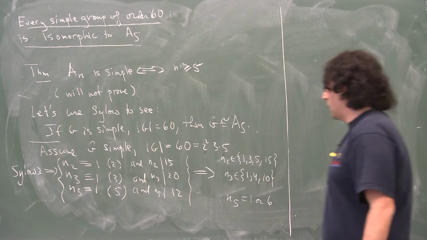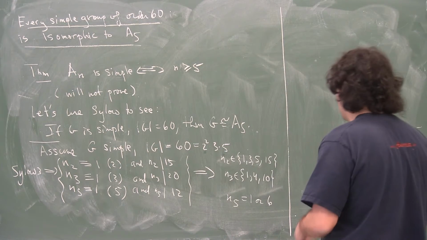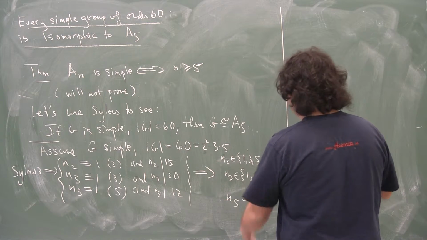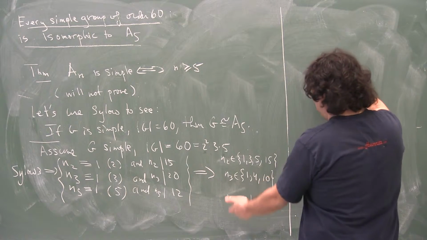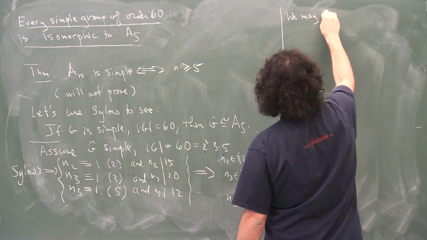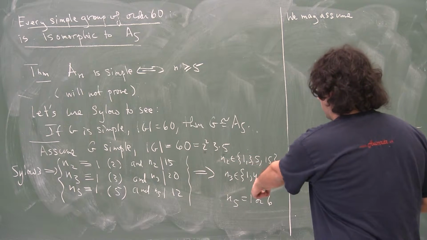Okay. Now, we can count elements, and we will do that at some point. Or we can start by doing that. So we may assume, because it's simple, we cannot have 1.